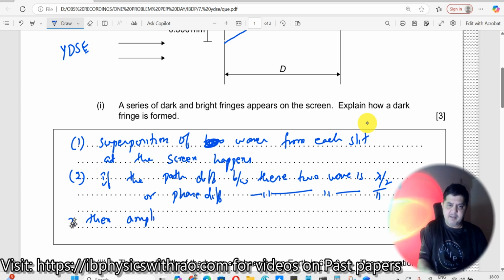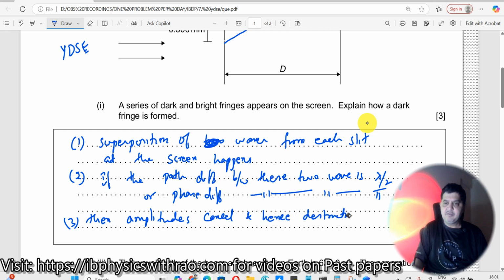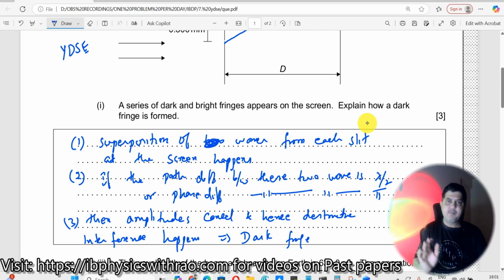Amplitude is your third mark. Amplitudes cancel, and hence destructive interference happens. This leads to a dark fringe. You write so much, but definitely you get a full mark.